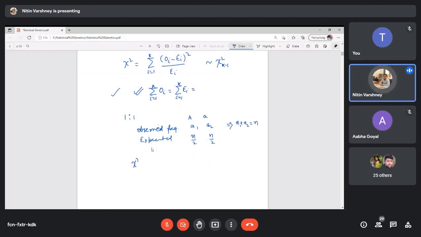After that we will calculate chi-square, and the degree of freedom will be 1 for each gamete.